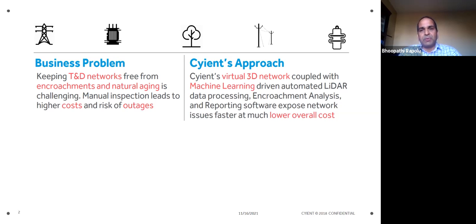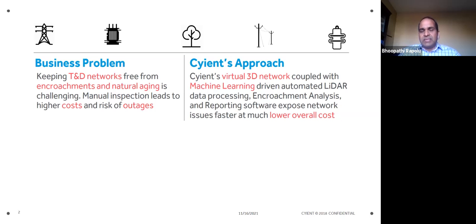Cyient has taken a unique approach in building the digital twins for utility networks at a large macro scale, as well as at an individual asset level, from the transformer to a particular specific asset level.